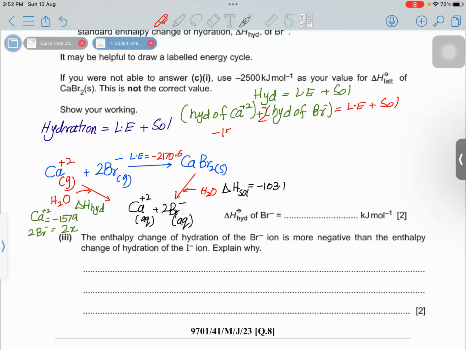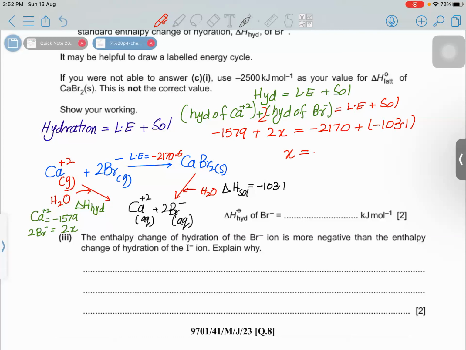This is minus 1579. This is plus 2x. Lattice energy is minus 2170. Plus solution is minus 103.1. Now, can you tell me the answer of x? So minus 347.35.